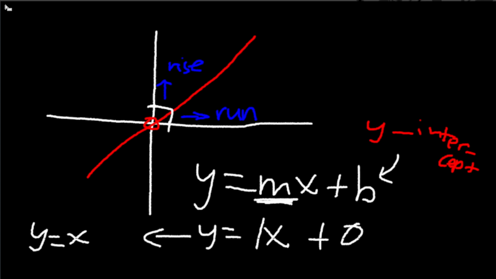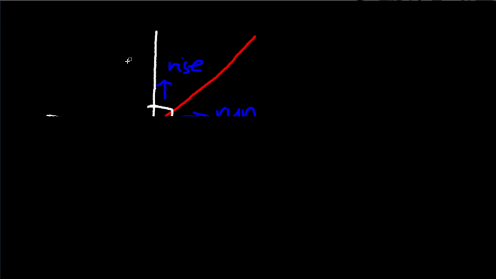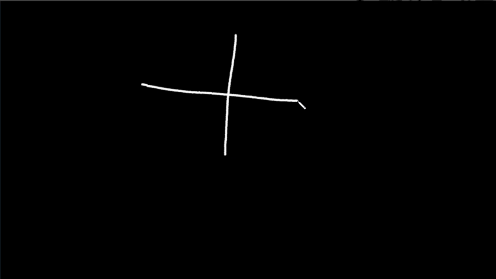So what if the graph is turned around? It looks like this. So the rise is +1, but the run is -1.